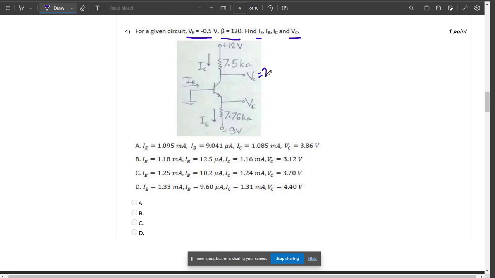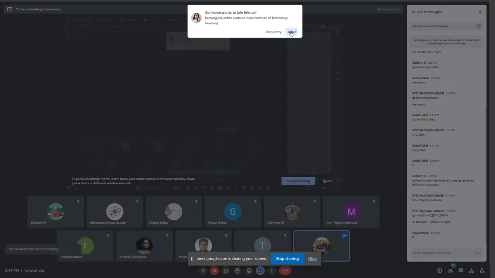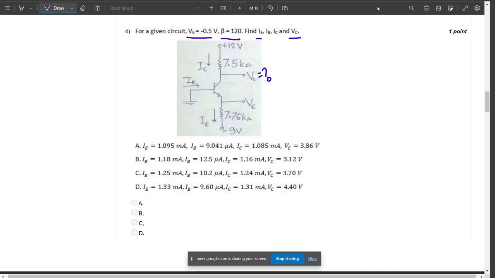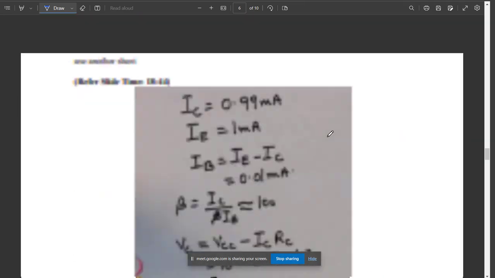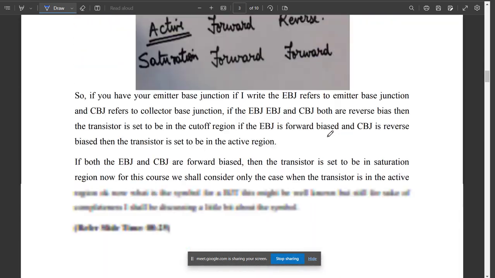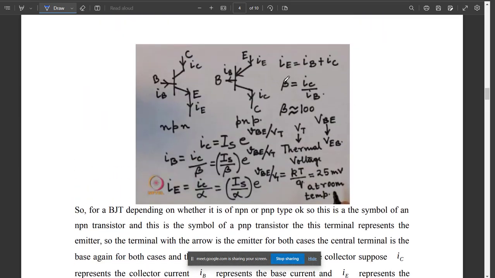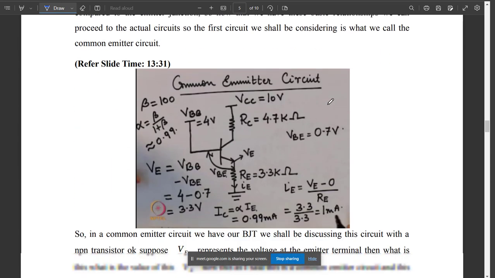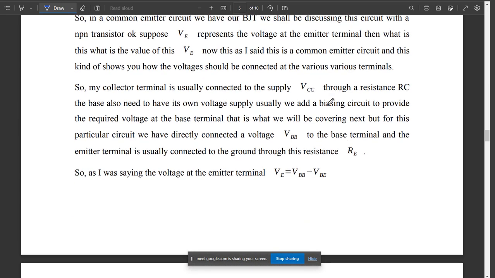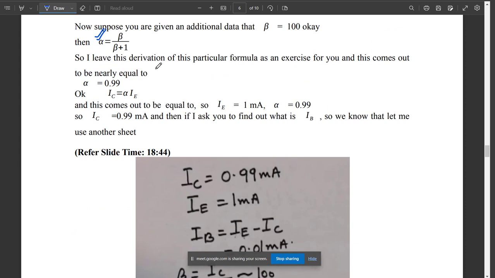Okay, so you already know the formulas. You already know the formulas for all of these, and you can put them and you can get it. Okay, so we'll see the formulas. Say IE is equals to IB plus IC, beta is equals to IC by IB, IC is beta IB. Then you also know the value of alpha.